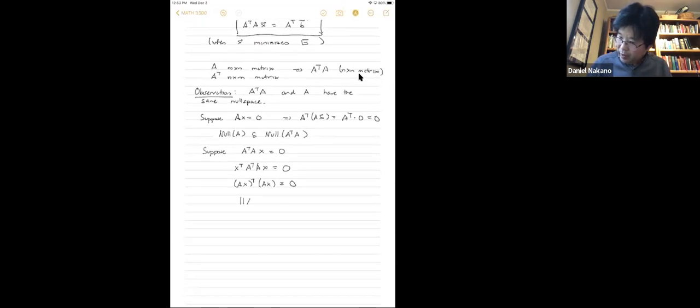So the squared length of AX is 0. Remember, the length of a vector is 0 if and only if the vector is 0. So AX has to be 0, and this shows that the null space of A transpose A has to be contained in the null space of A. So this justifies that the null spaces of A and A transpose A are the same.